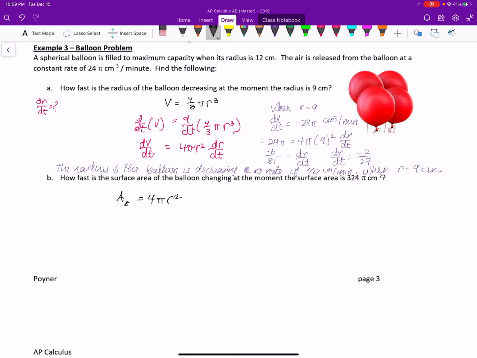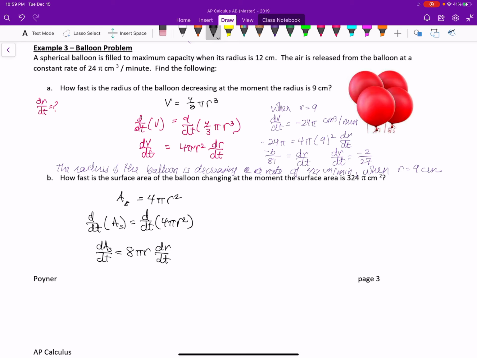And I want to find dA/dt of the area. So I'm going to have to take the derivative with respect to time on both sides. So dA/dt is equal to 8 pi r dr/dt.